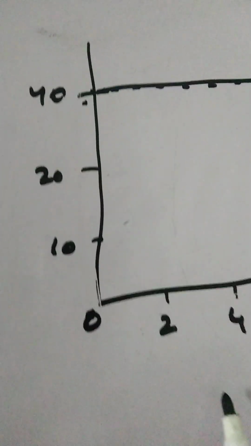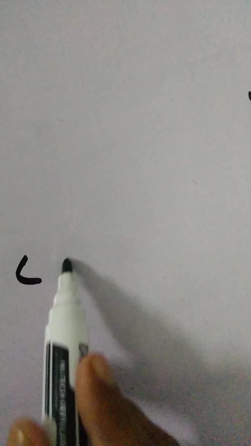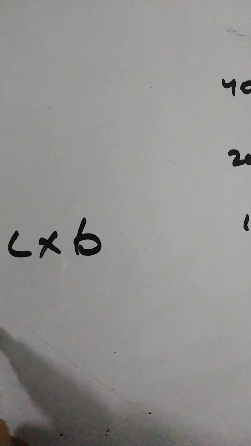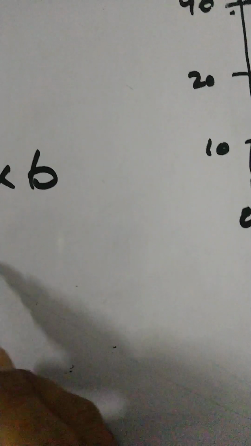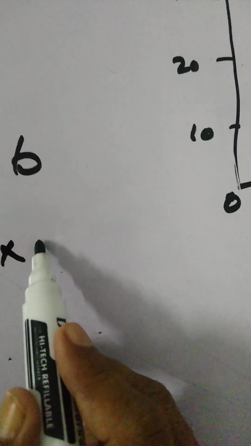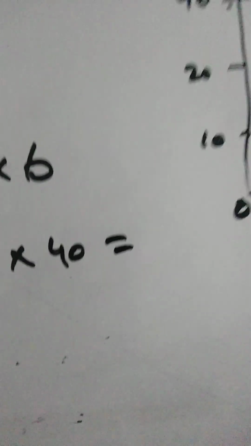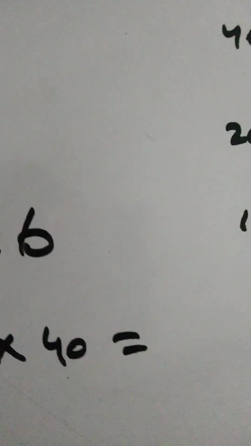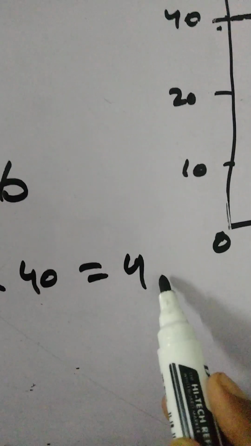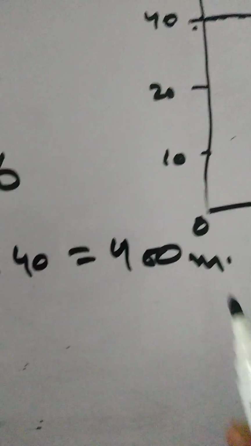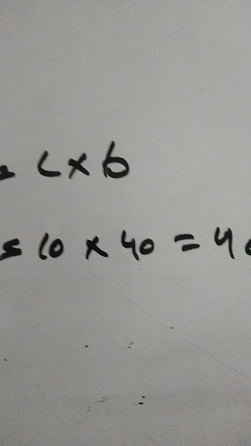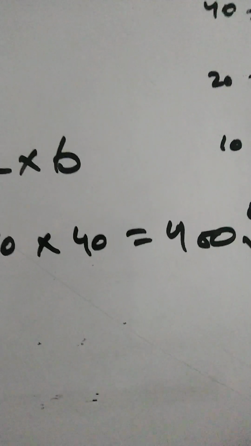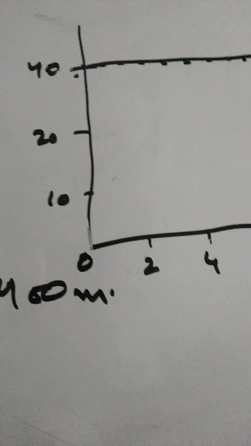How will we find it? We find the distance by applying the same formula: area is equal to length into breadth. So we put the value, 10 multiplied by 40, and the answer will be 400 meter. This is a simple graph which mostly comes in GISE exams and MDCAT, so you can easily crack this kind of graph.